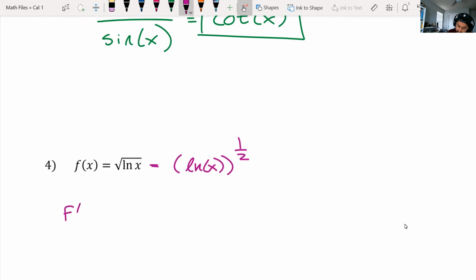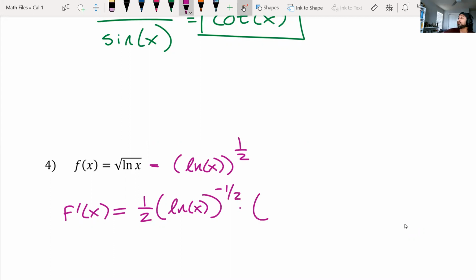So f prime of x, and what number's coming down? 1/2 times the natural log of x to the what power? Negative 1/2, times the derivative of the inside function. What's the derivative of the natural log of x? 1/x.